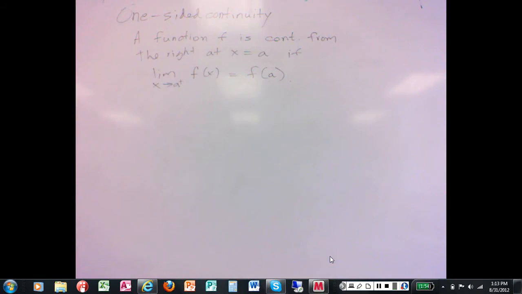Function f is continuous from the right at x equals a if the limit as x approaches a from the right equals f of a, the function value at a.